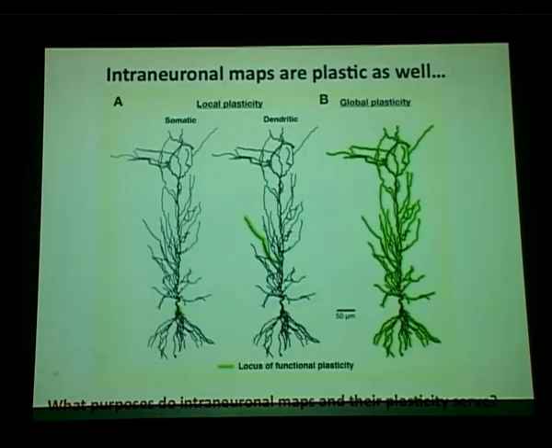The second part, where we talked about plasticity in response to the statistics, the question that you first would ask is whether these intraneuronal maps are going to be plastic as well. The answer is yes. They can undergo selective plasticity only at the cell body, selective plasticity at one specific branch, and they can also undergo global plasticity, which spans across the somatodendritic gradient.